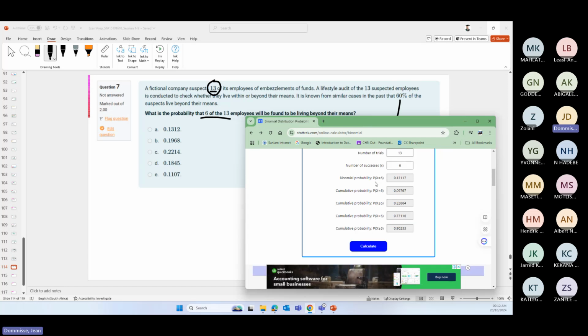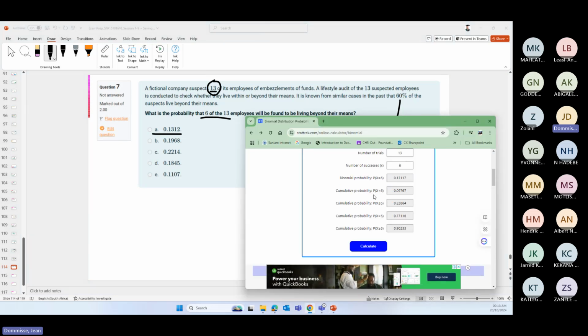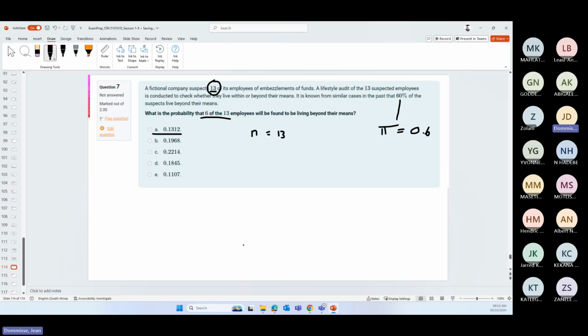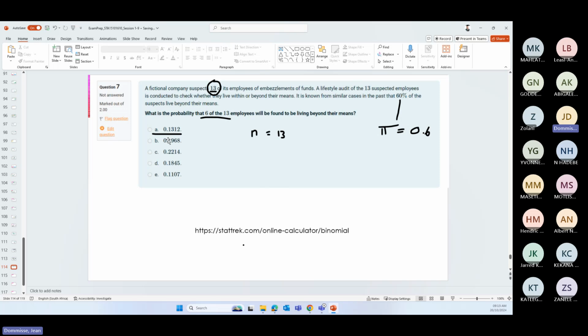And so here is 0.13 for 6 over 13. If it was less than or equal, I will copy this in so that you guys can practice it as well. But again, we're not going to ask something like this where you're not able to use the table in the exam.